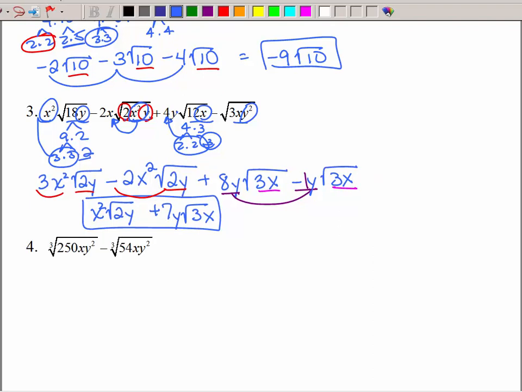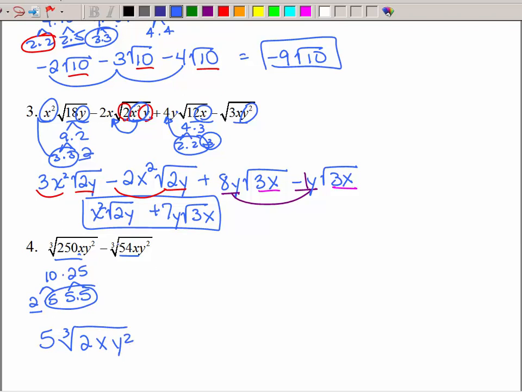In our last problem, we see cube roots. Just to review those, same process. These are not alike, but we need to simplify them first. So 250, I know that's 10 times 25, that's 2 times 5 times 5 times 5. So I could take out a 5, and those letters, there's not 3 of them, so I can just leave the 2, the x, and the y squared.